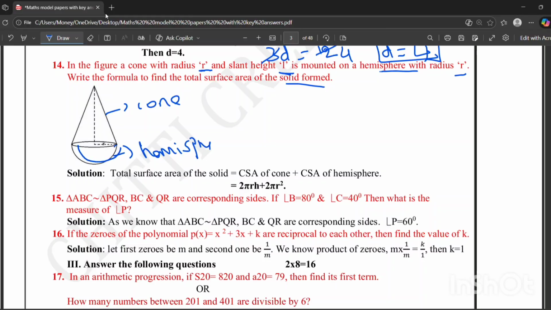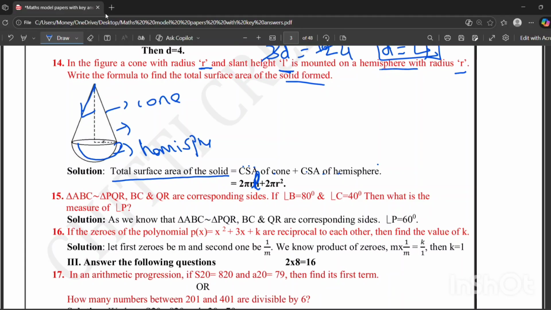The total surface area equals curved surface area of cone plus curved surface area of hemisphere. We will get the total surface area of this object as 2 pi R square plus pi R L.